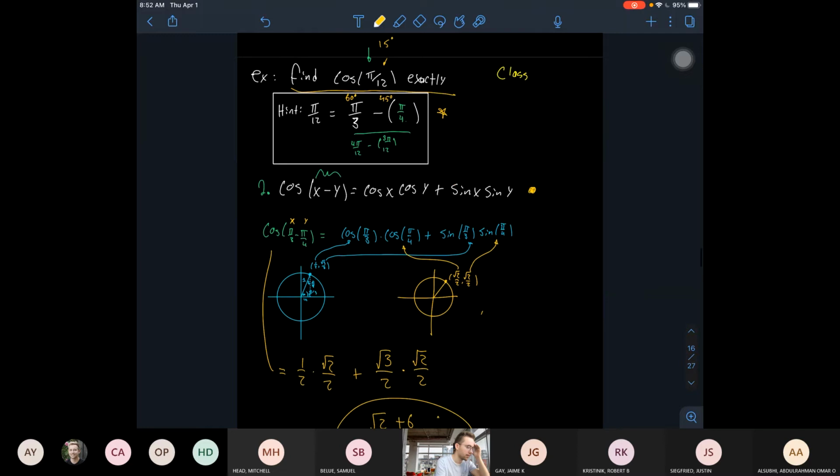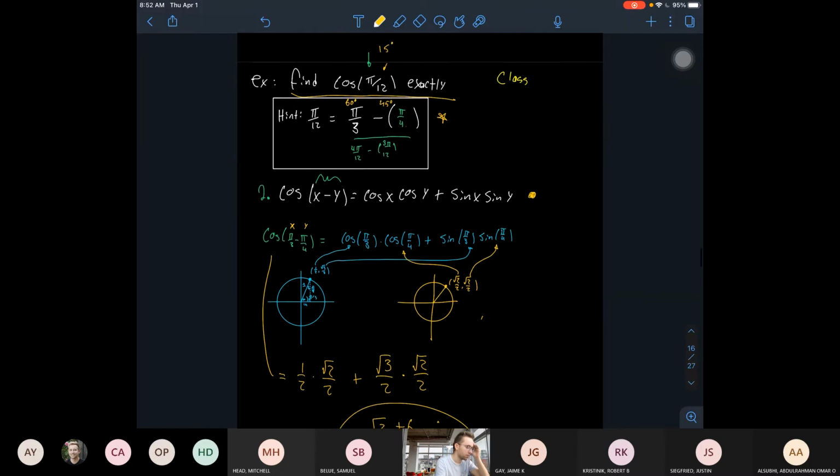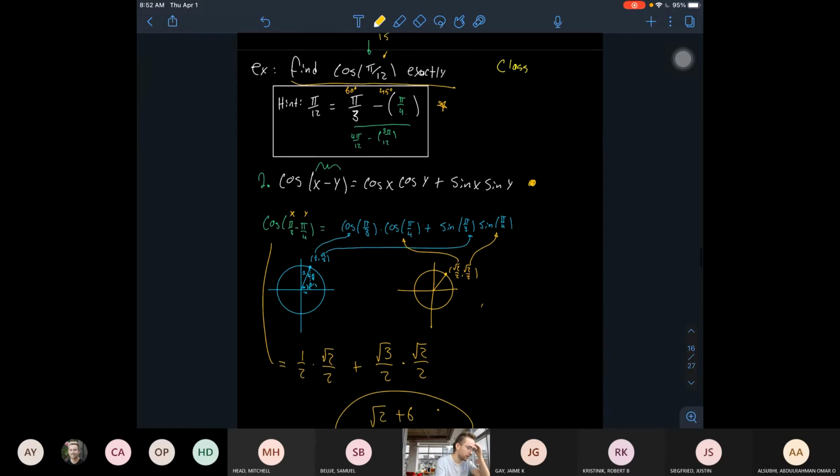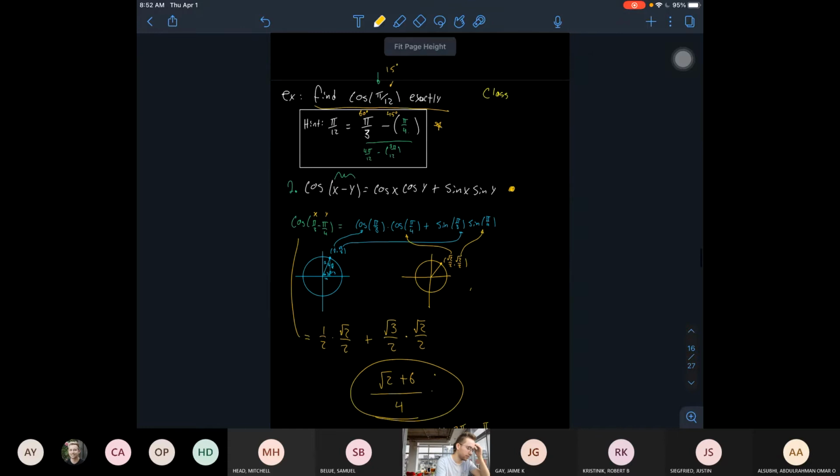Okay, so context is making this maybe a little bit easier than it might be otherwise. So recognize when we have an angle which we don't like, we need to somehow express it as a sum or difference of angles that we do like. That's what I think is the most confusing part.